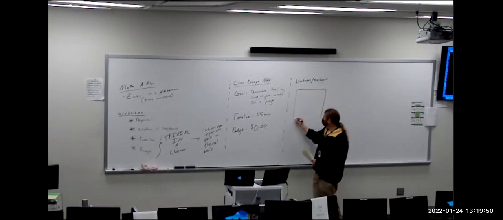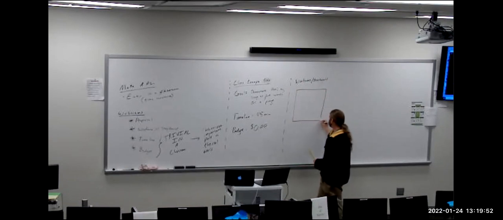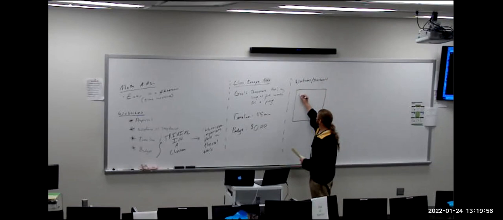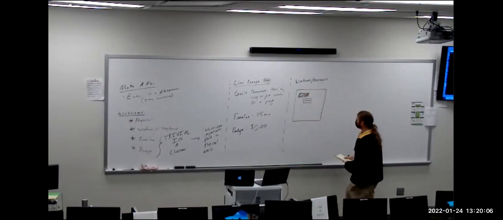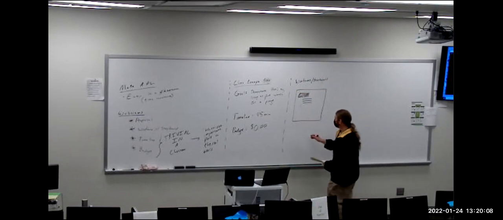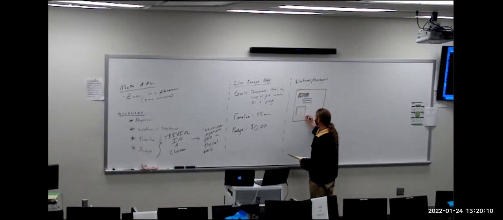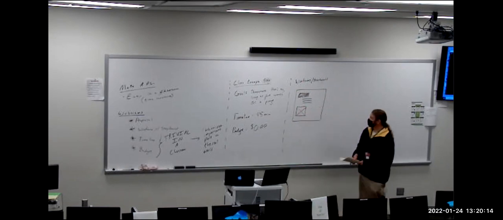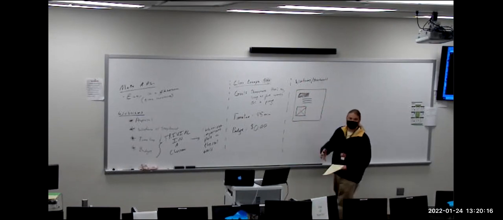So a wireframe would look something like a big box up top for the header, then some little lines to indicate the pages, and this big box down here to indicate an image, and that's a wireframe.